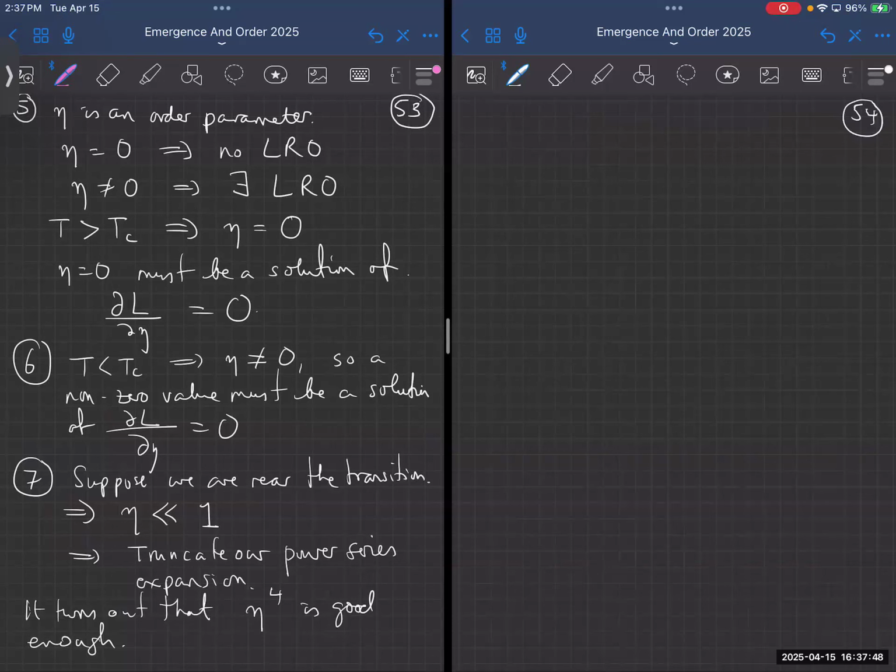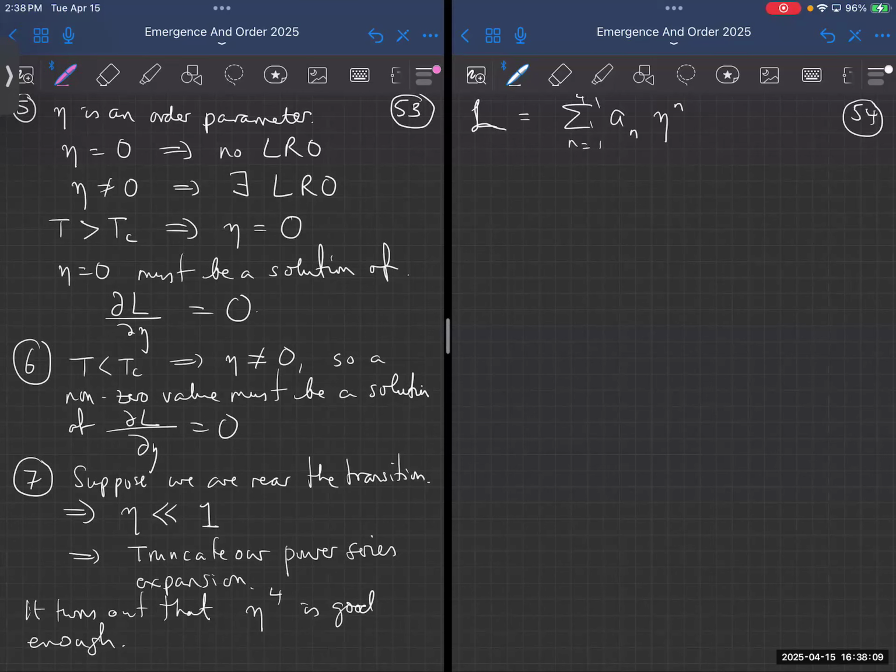Okay, so what we've just decided then is L is the sum from n equals 1 up to 4 of some coefficient a_n times eta to the nth power. And this is really L by my definition.